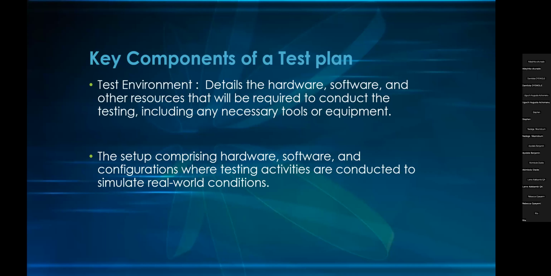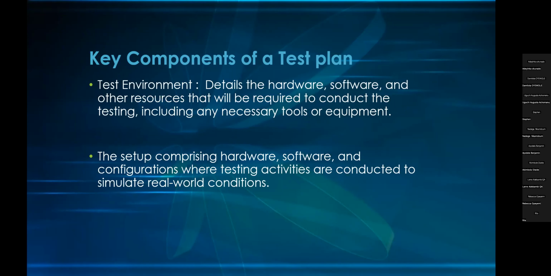So for this one, you have to list what hardware you will need for the test environment, what software, what other resources, what tools. Will it be Azure Board? Will it be Jira? So this is where you list them. You talk about them in your test environment.